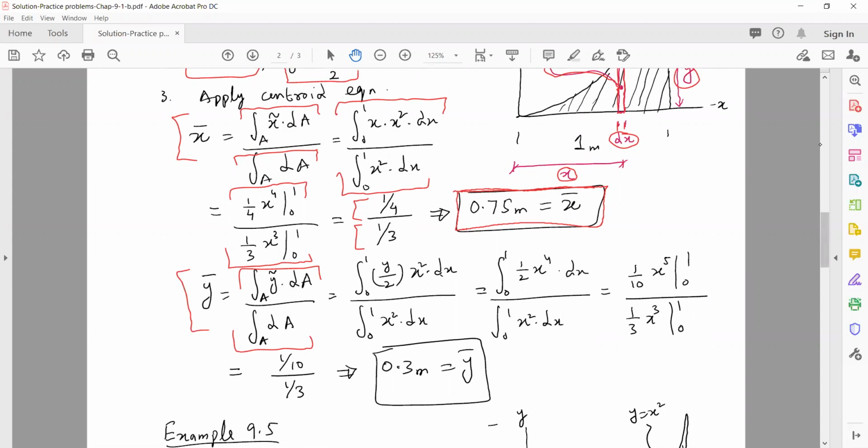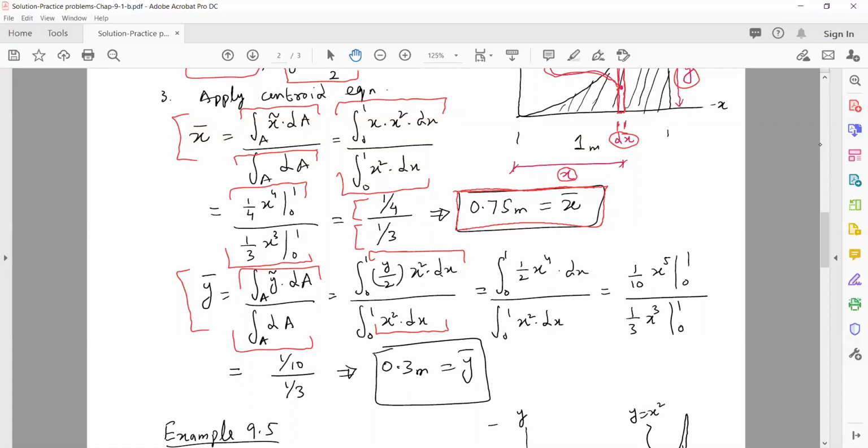Limits would be 0 to 1 because we are taking dx, so we are moving in the x direction. And y bar times dA, we get y by 2 times x squared times dx. In the denominator, we have inside the integral x squared times dx, which is the area.